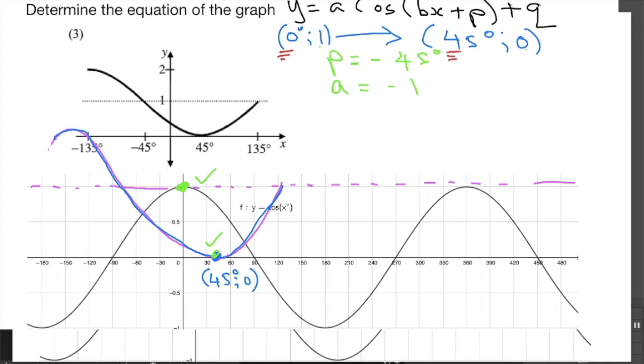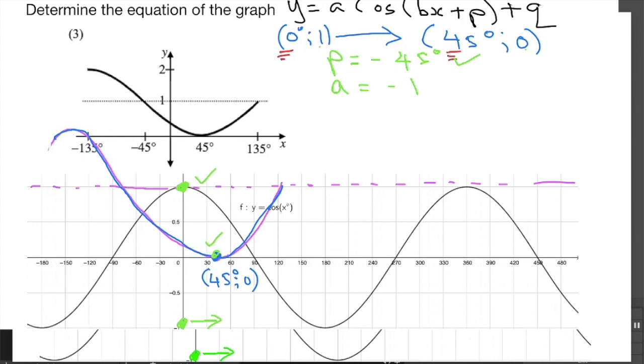But clearly, if you reflect 0, 1 along the x-axis, you will get to the point 0, negative 1. Then obviously you shift it 45 degrees to the right. That is what we said up there.